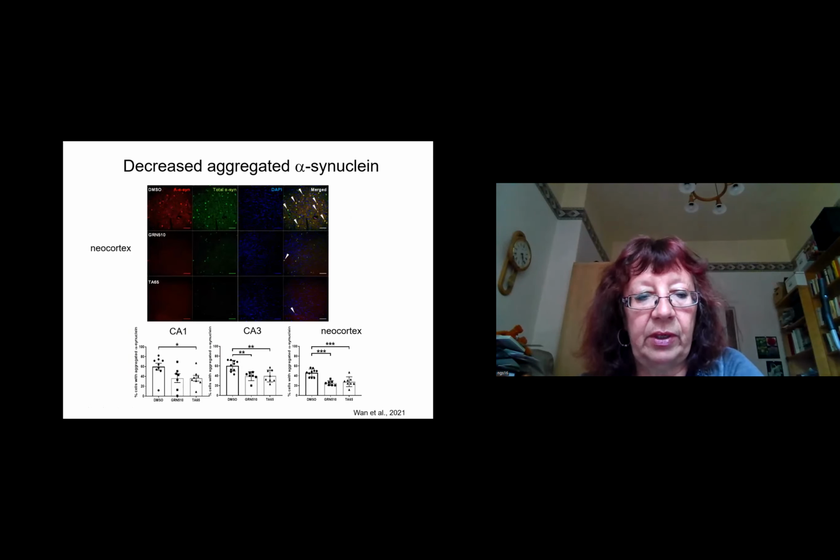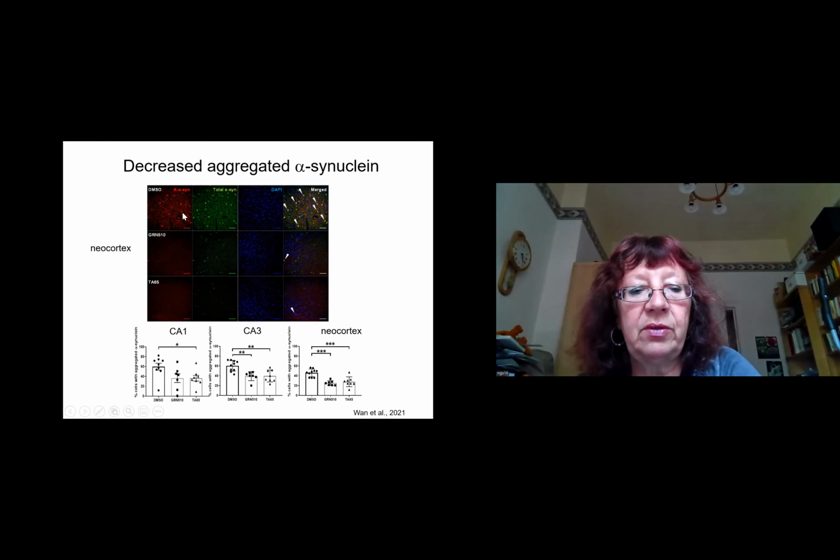And again, you can see not only the amount of total alpha-synuclein decreases, but also the amount of colocalization. So that means the little bit of total alpha-synuclein which is left after treatment with the activators gets less aggregated. We quantified it here in the CA1 region.